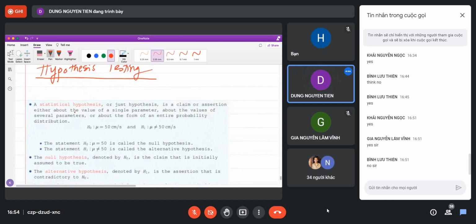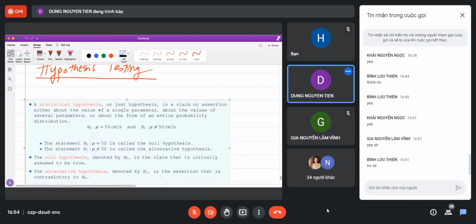A hypothesis, or statistical hypothesis, is a claim or assertion or a statement either about the value of a single parameter, the values of several parameters, or about the form of an entire probability distribution. For example, you may say the hypothesis is that the velocity is 50 centimeters per second, or the velocity is not equal to 50 centimeters per second.